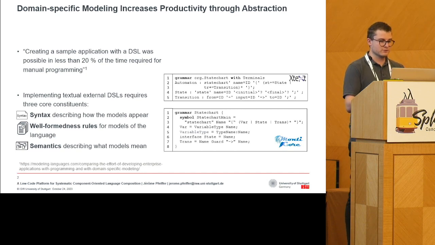First of all, the syntax, describing how the models appear. Our concept bases on the syntax definition in grammars. Then we have well-formedness rules that constrain the models of the language, and we have semantics that define what the models mean.